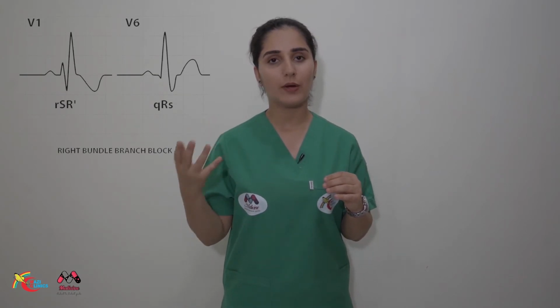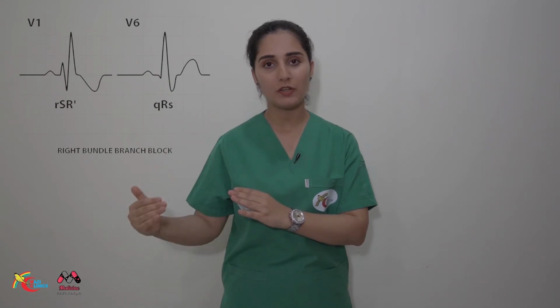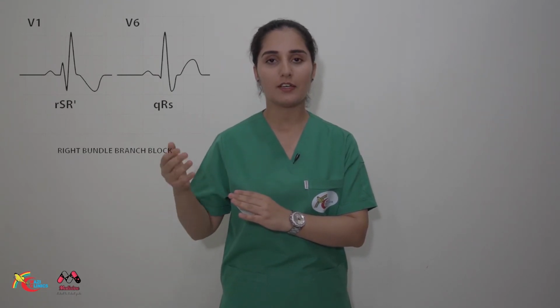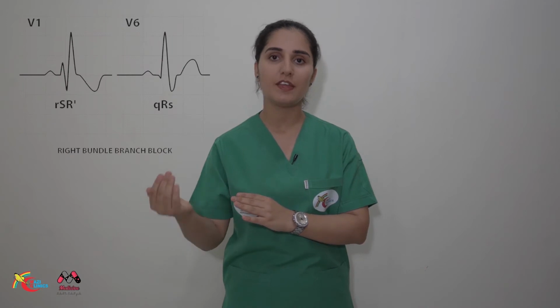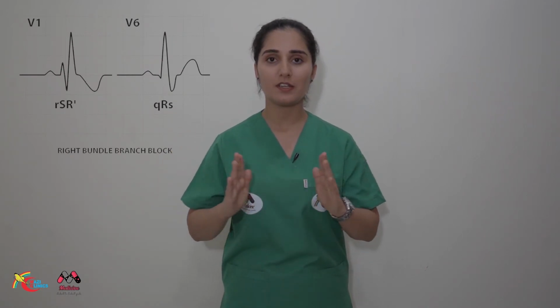First, we have the right bundle branch block. This means that the depolarization wave is moving through one bundle branch, depolarizing one ventricle, and then moving to the other blocked one and depolarizing it. So basically, we will have a wide QRS complex, plus an RSR pattern in V1 or V2.